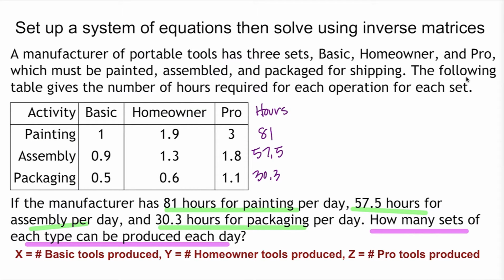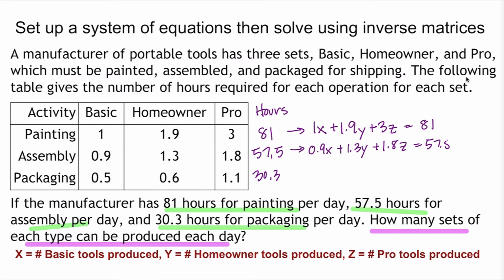So our equation for painting is 1 hour for basic tools, 1.9 hours for homeowner tools, 3 hours for pro tools, and we have 81 hours allocated for painting in total. For assembly, we have 9/10 of an hour for basic tools, 1.3 hours for homeowner tools, and 1.8 hours for pro tools.